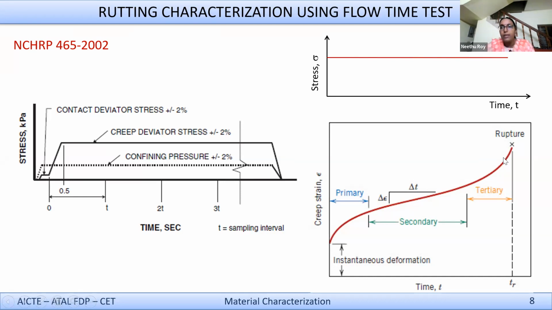Now, when the tertiary stage is reached, the material starts to flow, or has failed by rutting. So the beginning of the tertiary stage is denoted as the rutting failure, and the time corresponding to it is denoted as flow time.